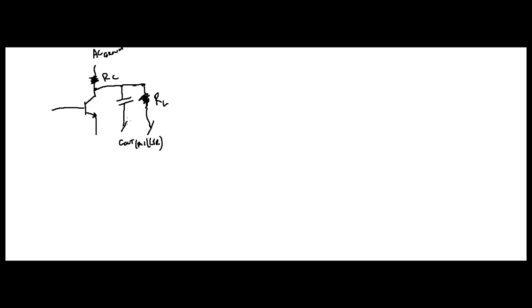And these, by the way, are ground as well. Is an AC ground right here. So if you look at it, we can redraw this, can't we? And by the way, we've already done the input and the emitter, so we're just concentrating on the output here. So the output, if you look at it, right, we can draw this.